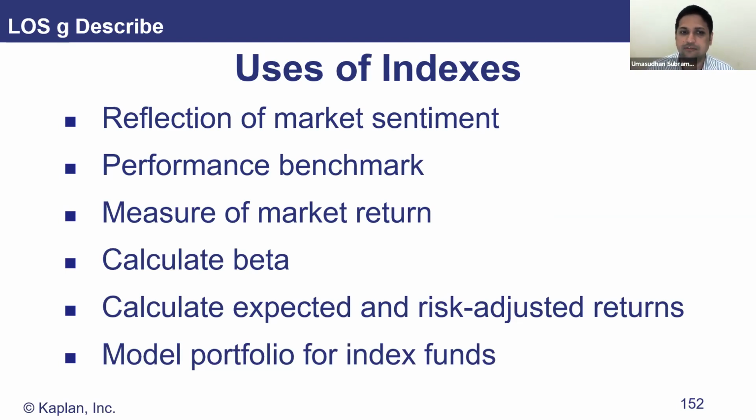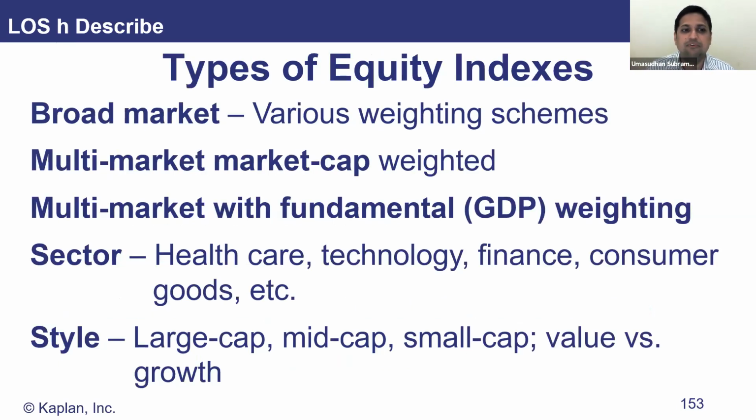There are many uses of indices. And there are types of indices, you know, broad market indices. We spoke about various weighting schemes: price weighted, market cap weighted, fundamental weighted, equal weighted, things like that. Multi-market cap indexes, we said, are weighted based on GDP.